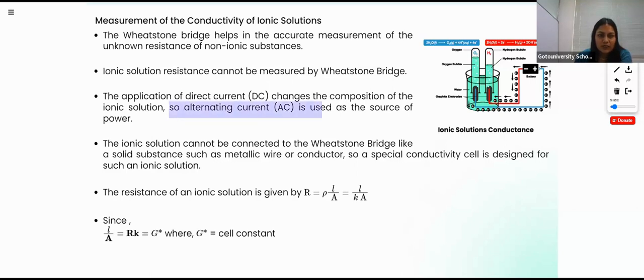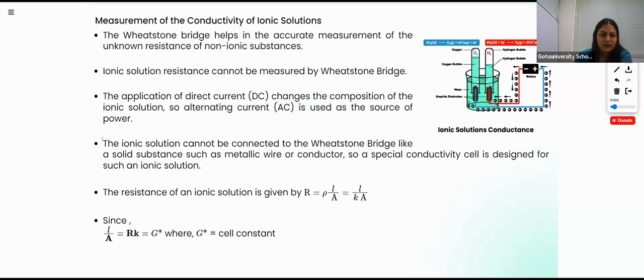So alternating current has been used as the source of power in place of direct current. This alternating current has been introduced for use in the conductivity cell.